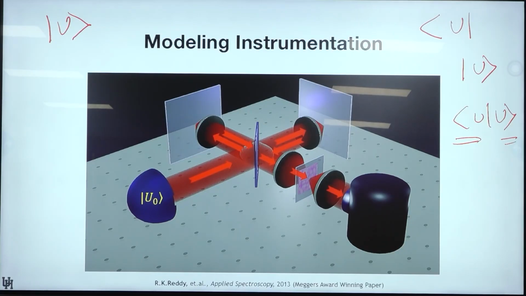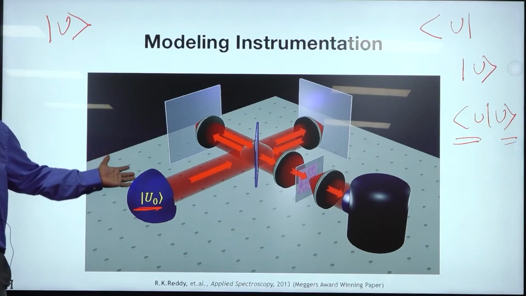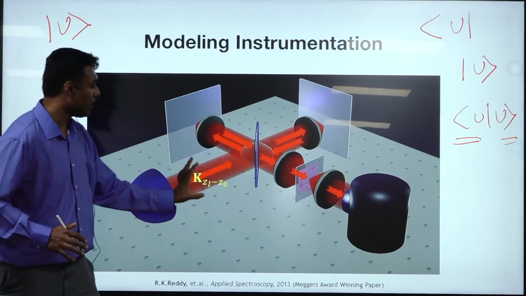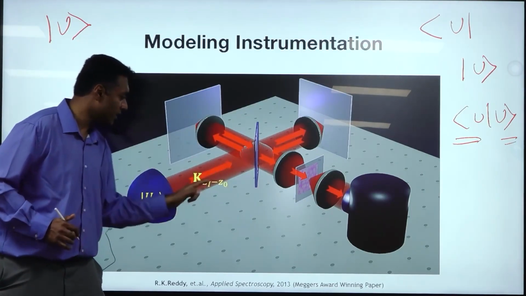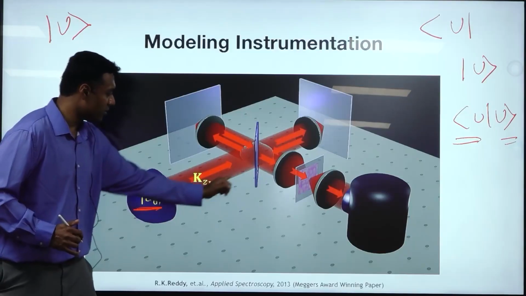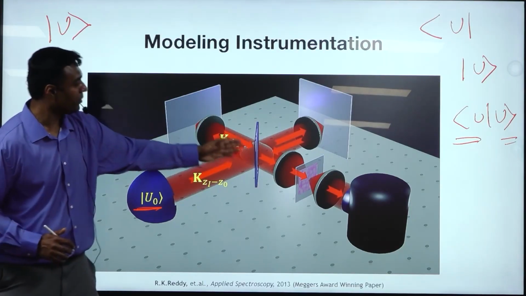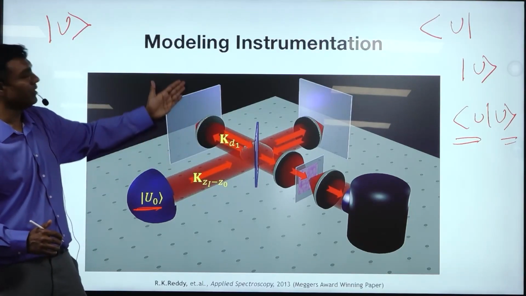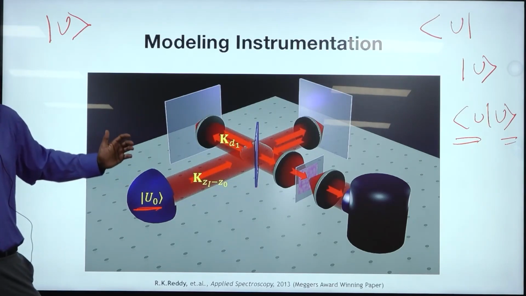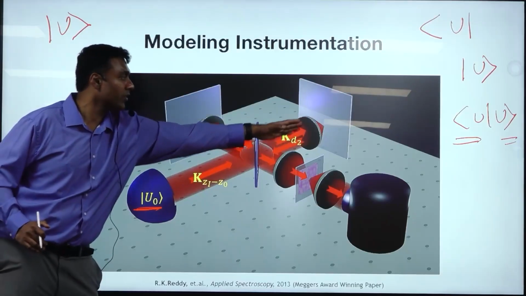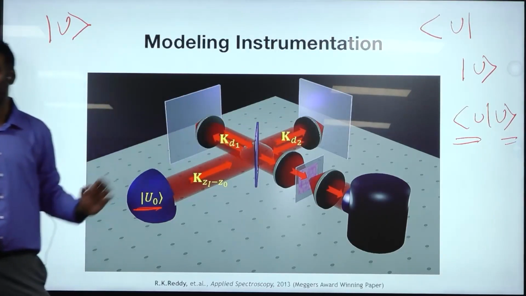Okay, so start with a source of light, which has some field associated with it, and then light propagates. So you have an operator for light propagation from this position V0 to Vi, the interferometer location. Then light travels from the interferometer by distance D1 to the mirror here, and then light comes back, and then light goes this way, distance D2, and comes back.